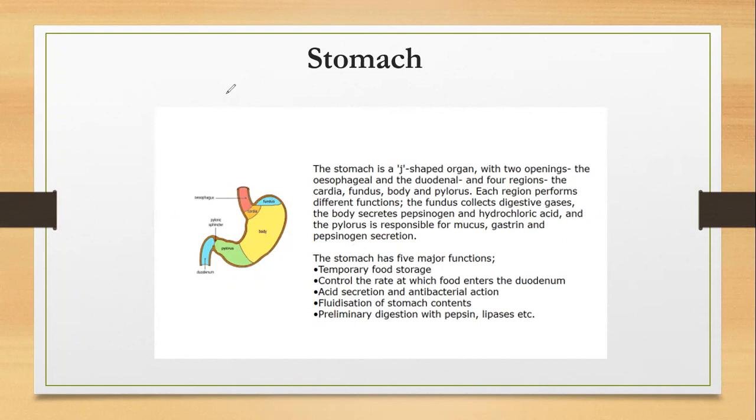It was a solid piece of bread, and as you chew, you are cutting it physically and mixing it with saliva. Now, by the time it goes to the back of the mouth, it forms a capsule-like structure like this, which is able to slide through the esophagus.